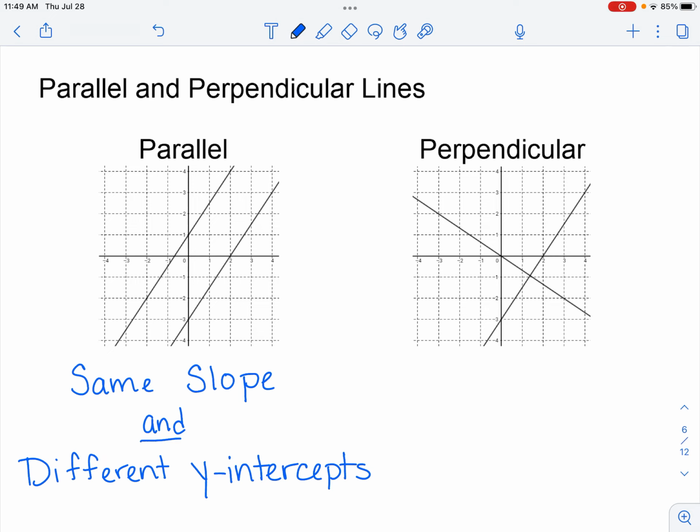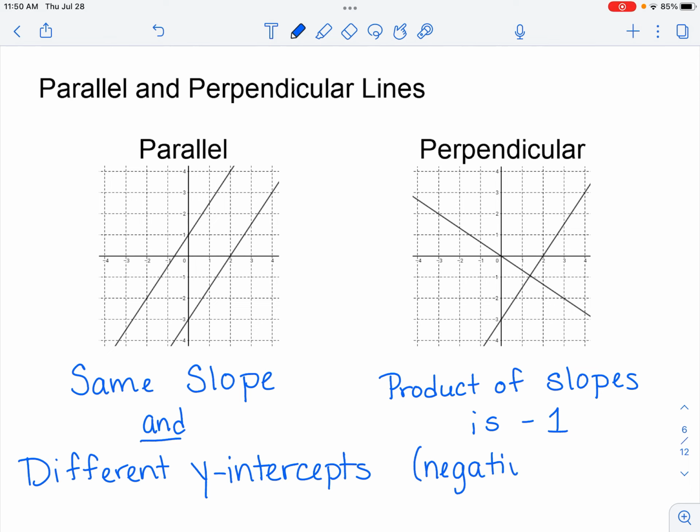Perpendicular lines happen when the product of the slopes is -1. Okay, but we don't want to do all this multiplication. The easier way to say that is to identify that they have negative reciprocal slopes.